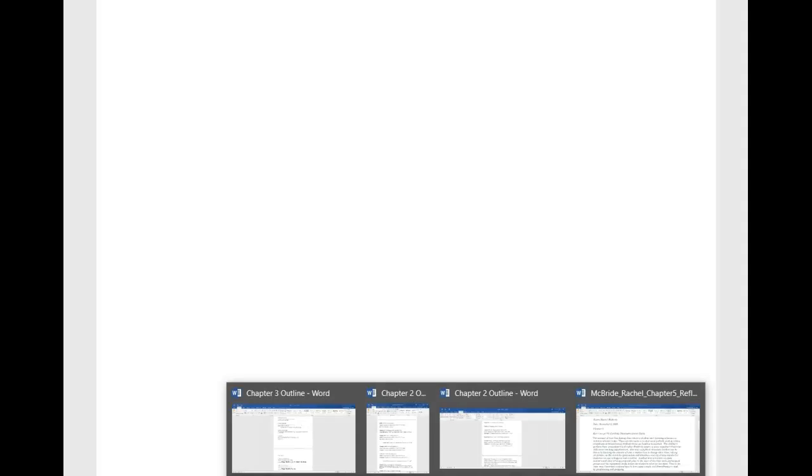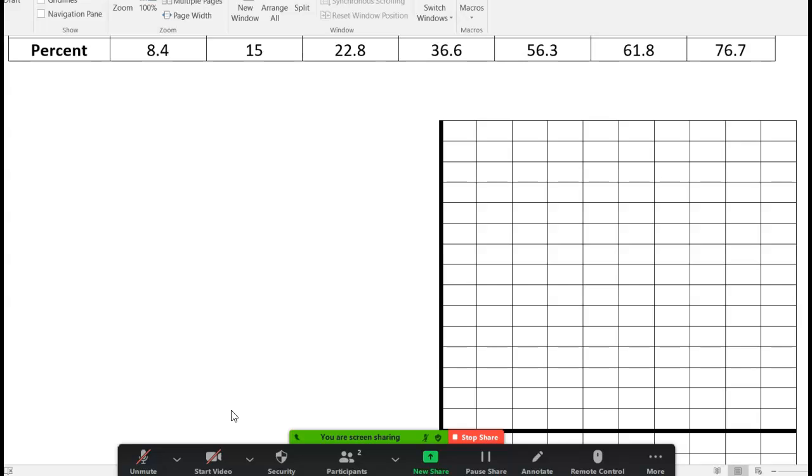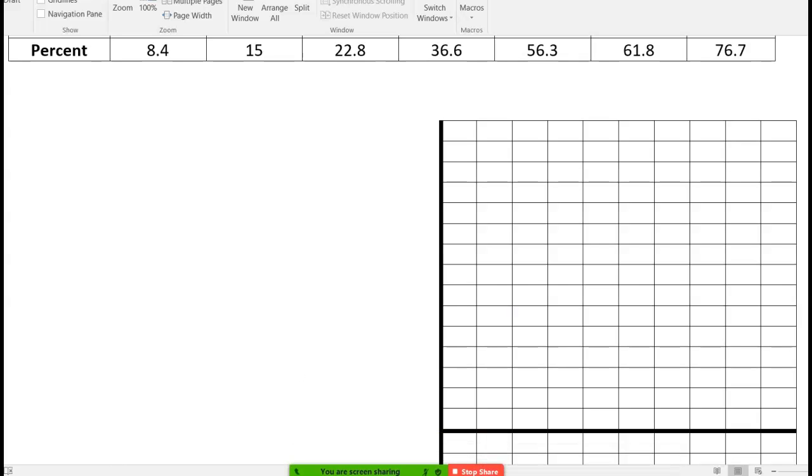This time we have the data in years since 1984. So let me get myself a table. Actually, I can just do this. The table looks exactly like yours.